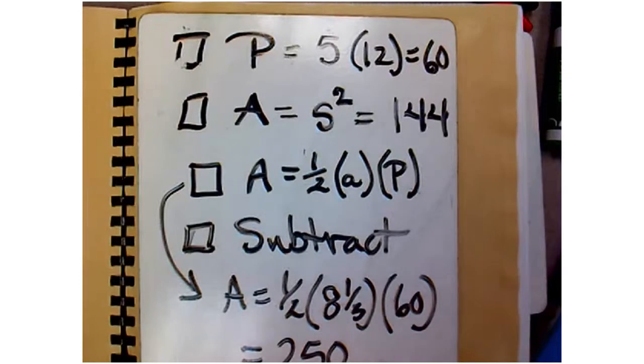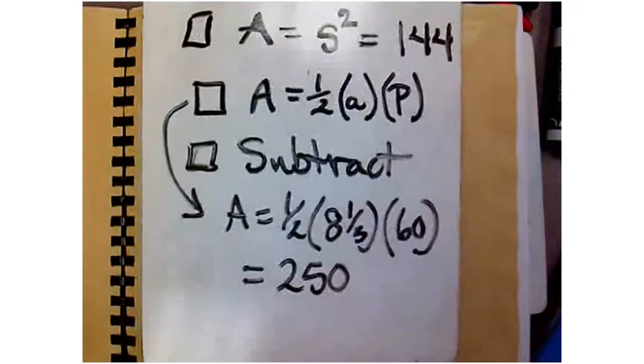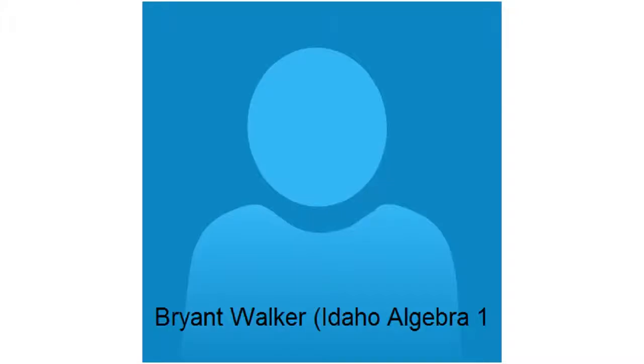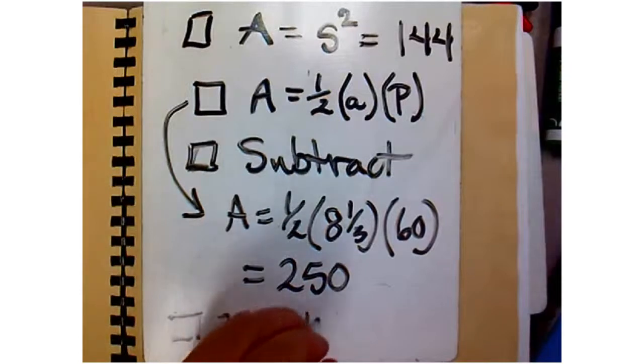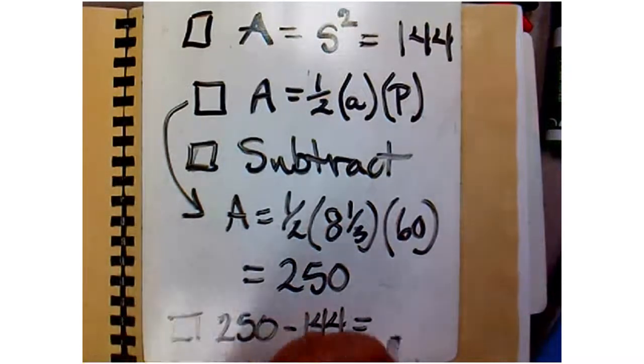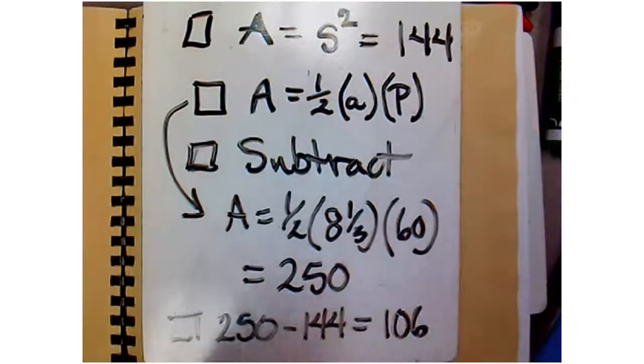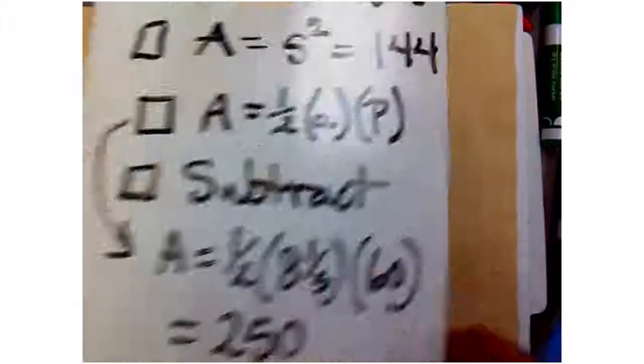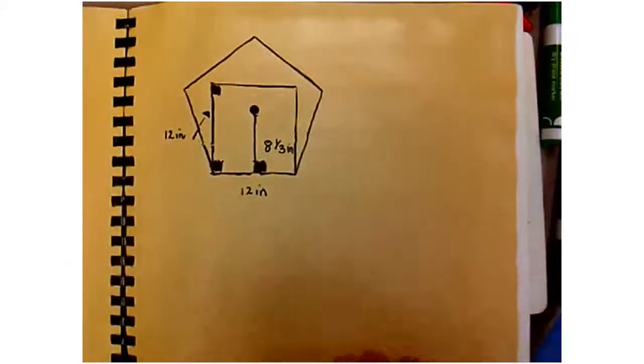What are we going to bubble in? What's next? Subtract. 250 minus 144. Good. 106. That's what you're going to bubble in, right? Okay. 106. All right. Last one.